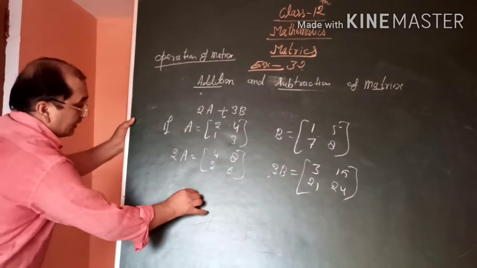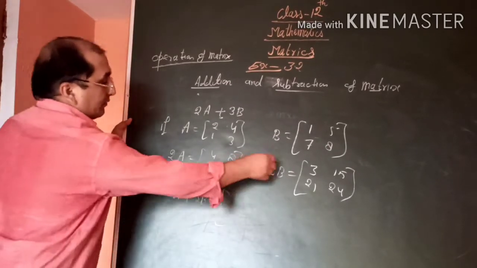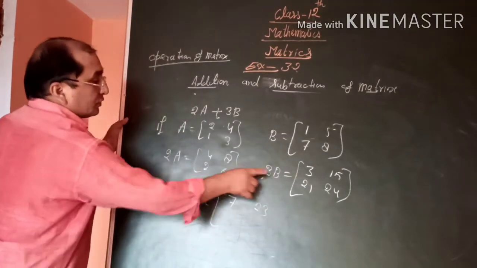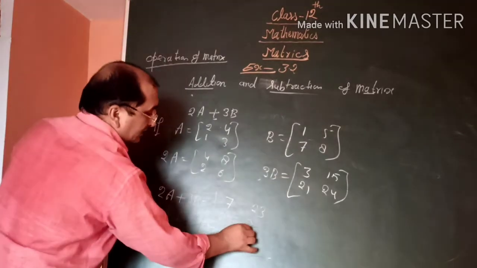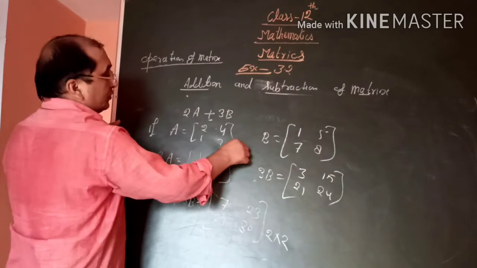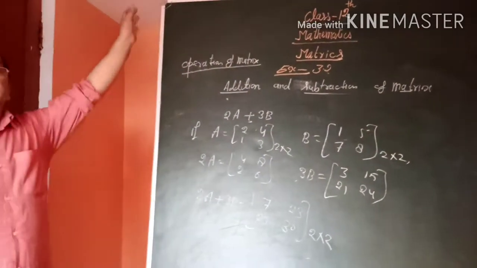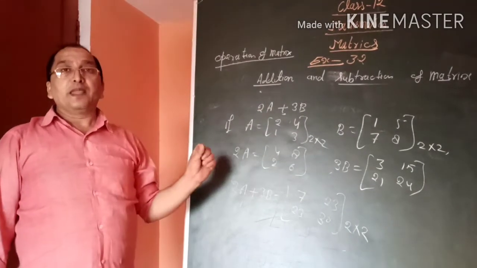So 2A plus 3B equals, we can add both of them: 4 plus 3 is 7, 8 plus 15 is 23, 2 plus 21 is 23 again, 6 plus 24 is 30, and its order will also be the same, 2 cross 2. Hence, this is known as scalar multiplication of a matrix.